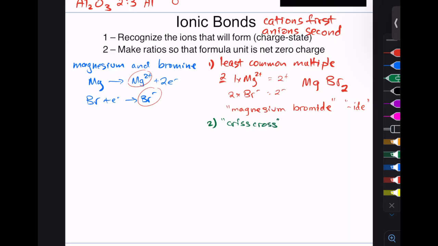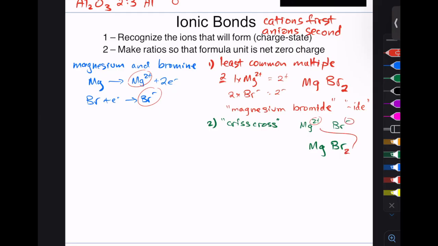It's recognizing that, well, the cation is a 2+ charge and the anion is a 1- charge. And if I remember that I always write cation first and anion second, then the crisscross is simply you take the number of charges from the cation, and that's going to tell you the number of anions that you have.